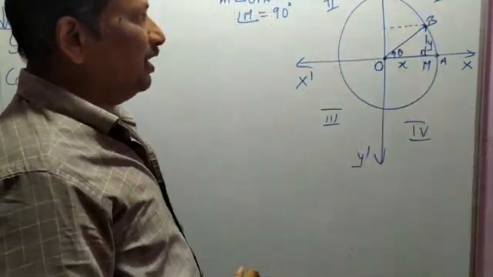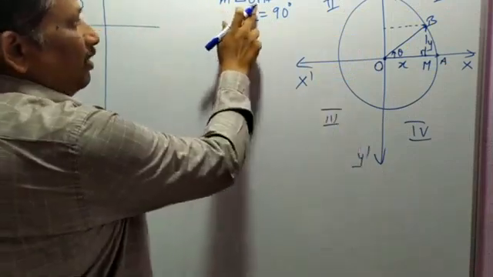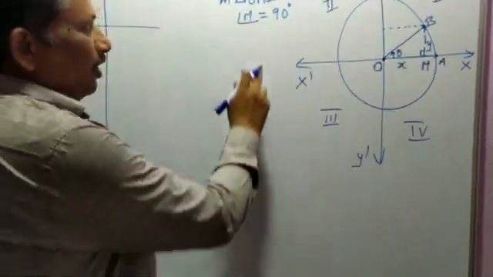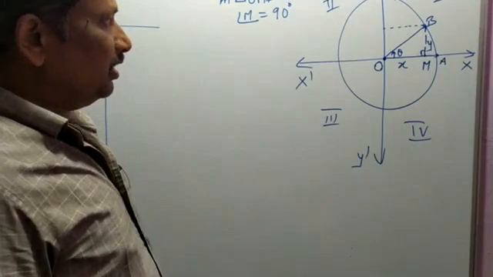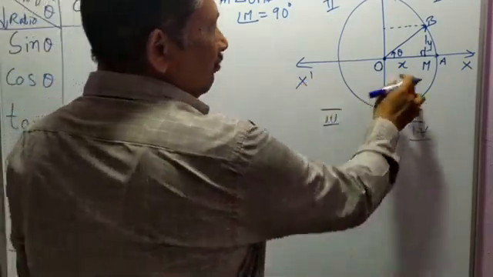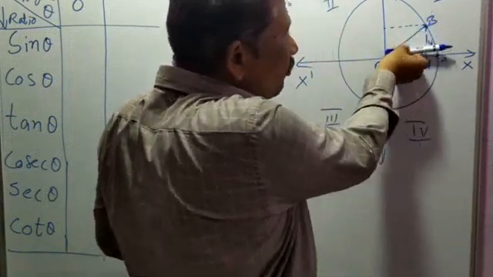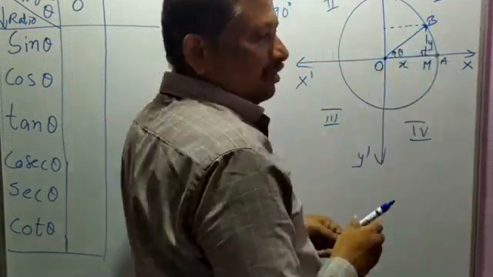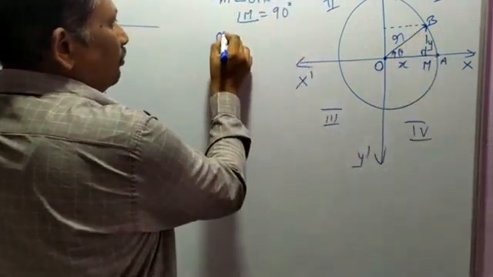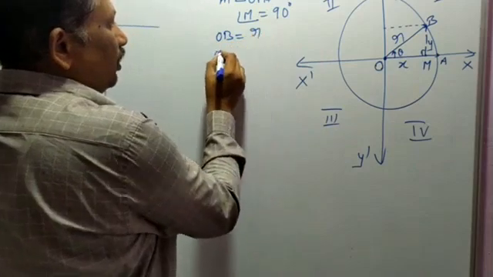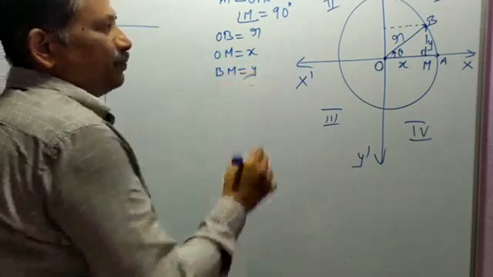Now, in this right angle triangle OMB, angle M is 90 degrees. This ray OB is the radius vector, R is the radius vector. OB is equal to R, OM is equal to X, BM is equal to Y.